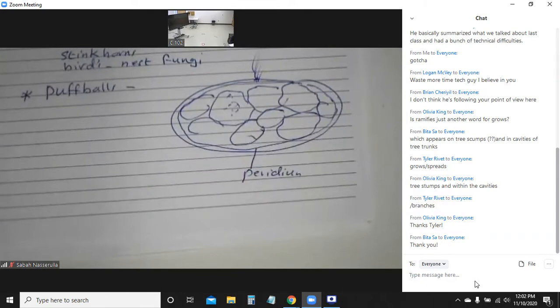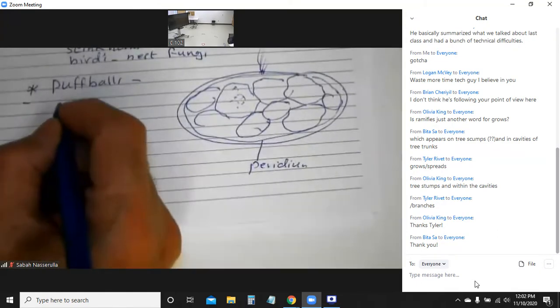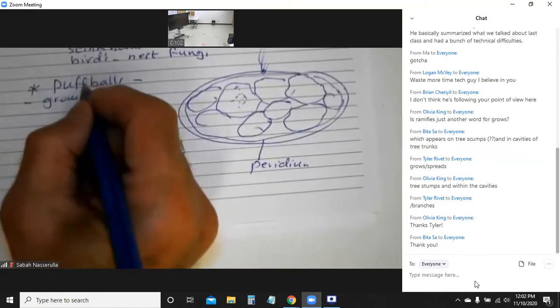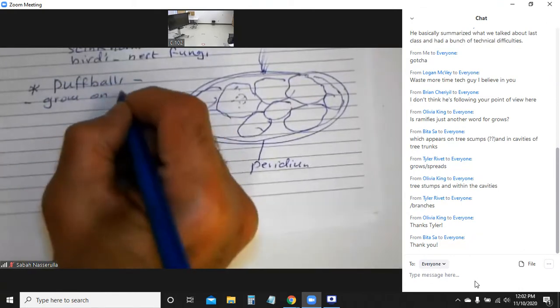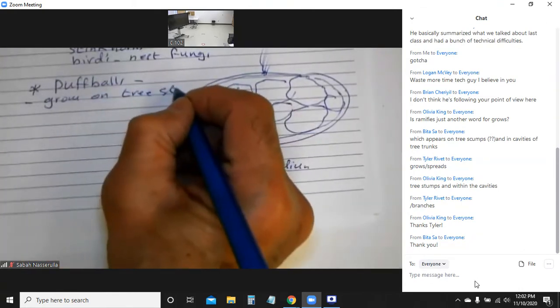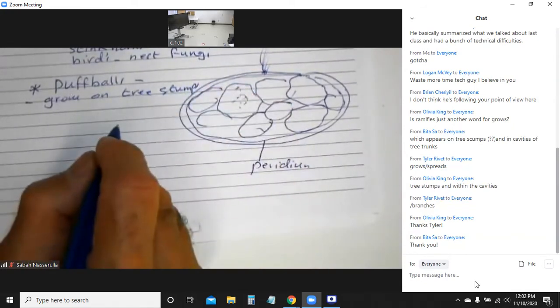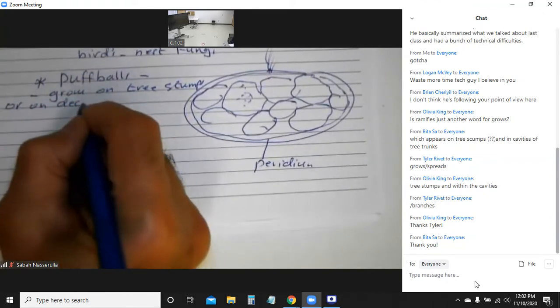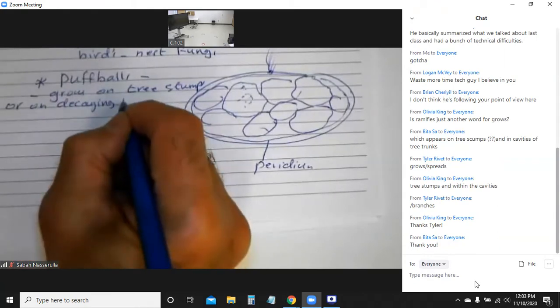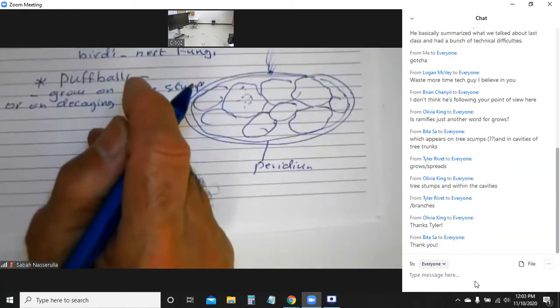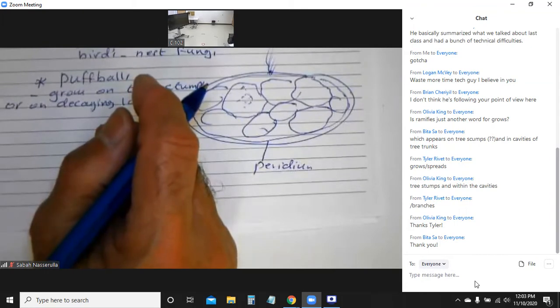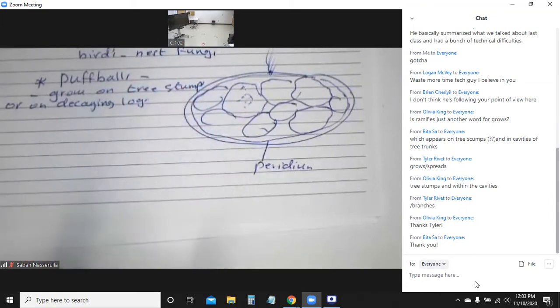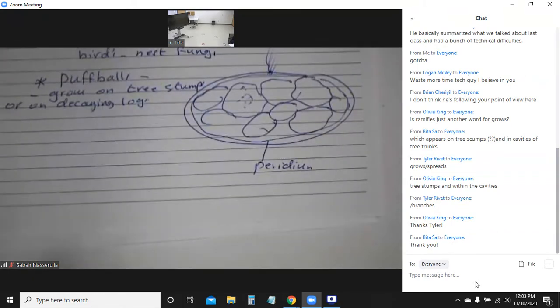Now, as I mentioned in the beginning, puffballs in general grow on tree stumps or on decaying logs. Sometimes one can see them on lawns or city lawns or something like that.